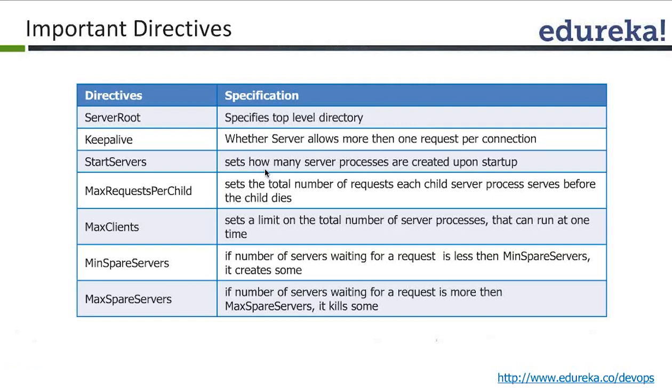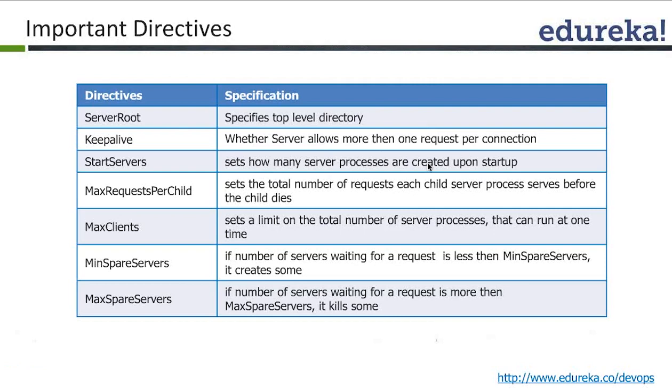StartServers sets how many server processes you start with. So when Apache starts, there is a server which starts up. Okay, so this server handles each of your client requests.